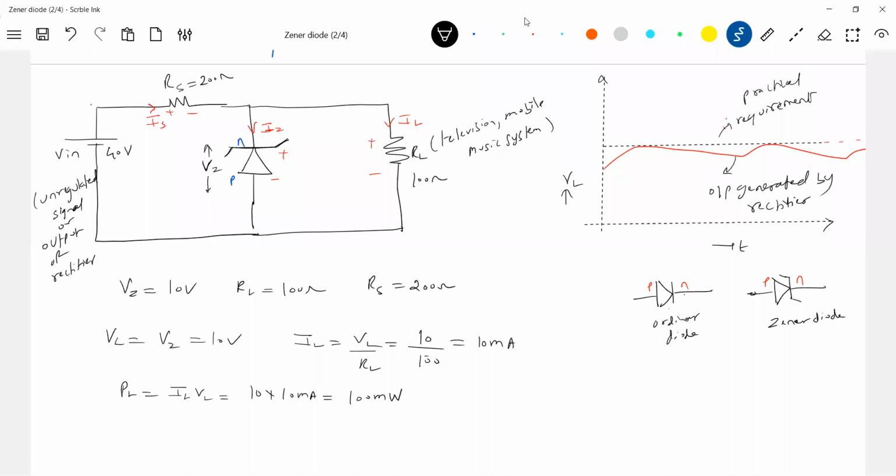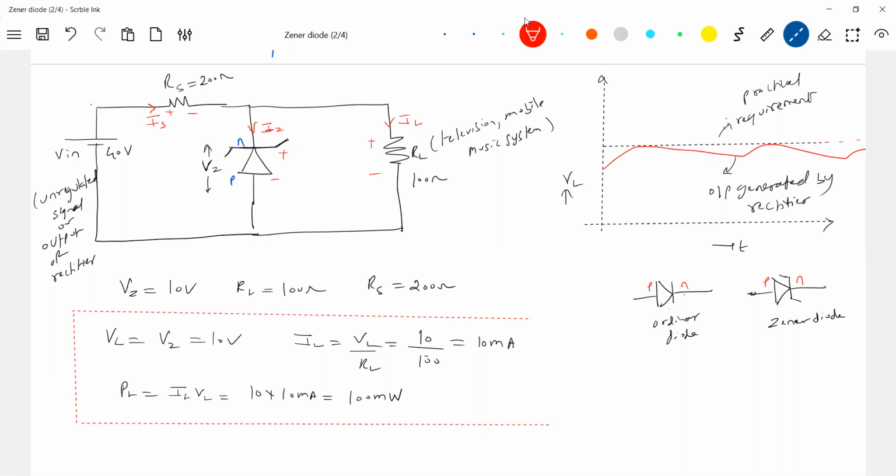What is this? This should be constant, no? These are across the load. I'll put it in some box. At any cost, these quantities should not change. Then only we'll get a constant power, meaning the brightness will remain constant, the volume will remain constant, everything will be fine. We can enjoy the equipment. So they should be maintained constant.